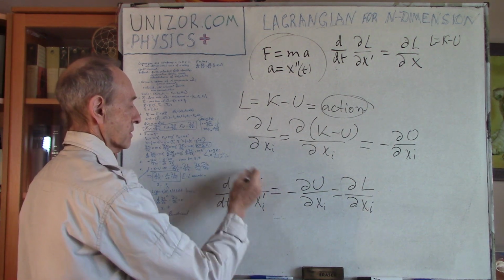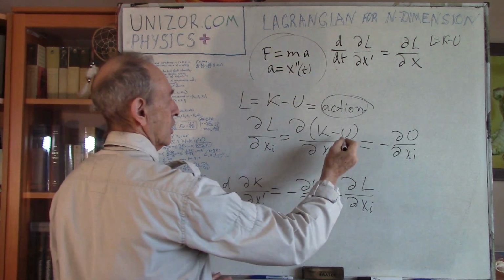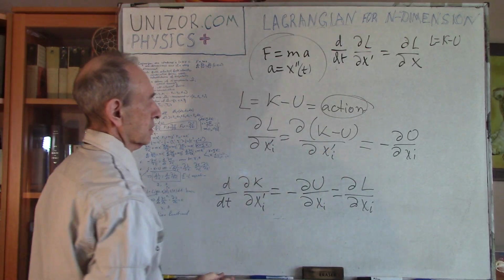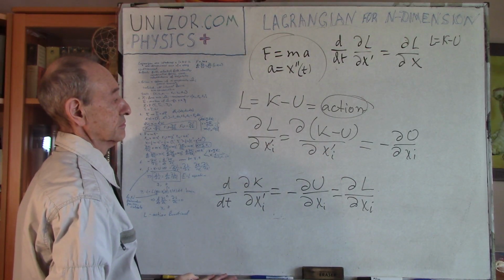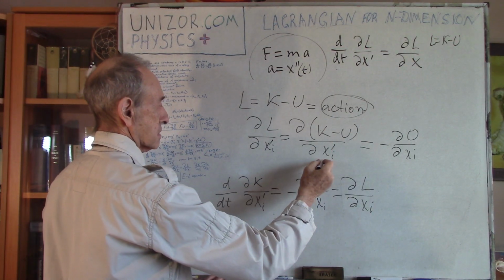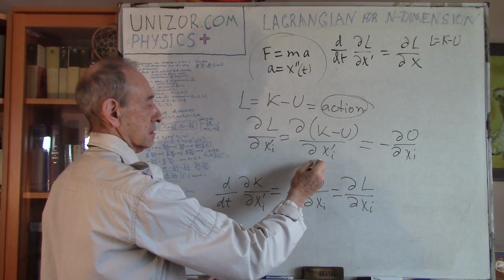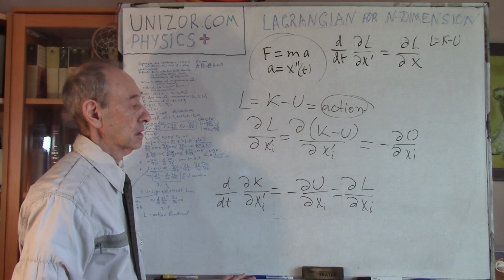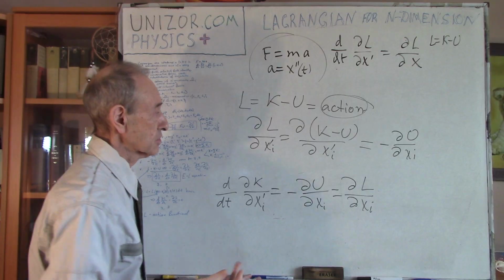Now let's talk about this particular thing. If I put the x component of velocity of the i-th object, now K depends on this, but U does not depend on velocity, it depends only on position.